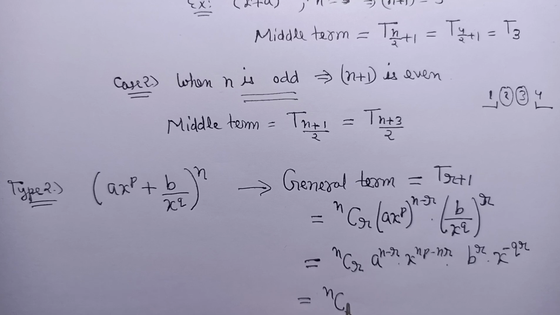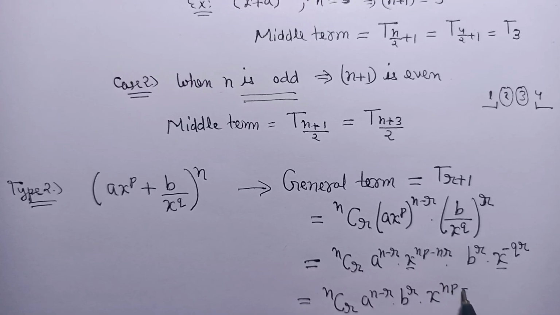This is nCr a^(n-r) b^r, and since this base and this base are the same x, you should write x power p(n-r) minus qr. So eventually you can write np minus pr minus qr. What is happening here? np minus pr minus qr.